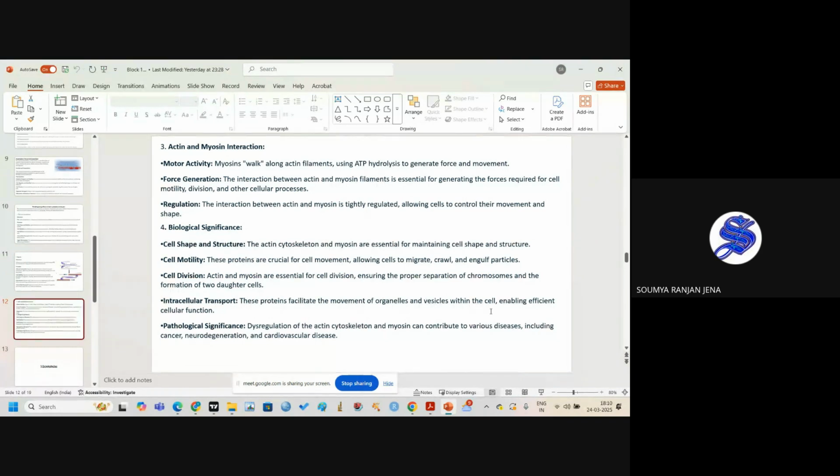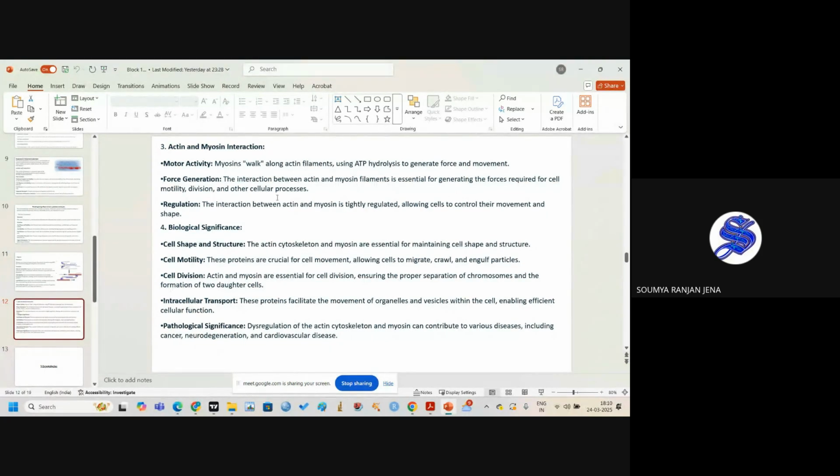and this enables efficient cellular function. And the major important point is that these two proteins have different pathological significance, like dysregulation of the actin cytoskeleton and myosin can contribute to various diseases including cancer, neurodegeneration, and cardiovascular diseases.